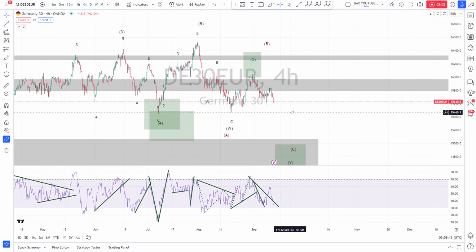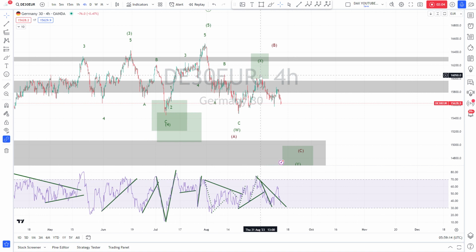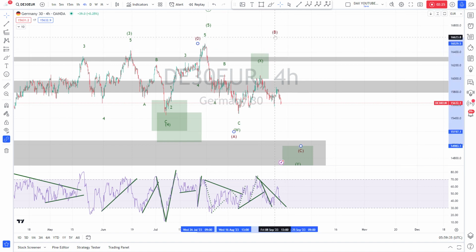There is an alternative scenario here. If we would take out this high, then I would call for a flat structure here as a correction. Then we would have 1, 2, 3 as a wave A, then a wave B that goes deeper into this area and can even get quite close to this high, maybe even beyond this high if we have an expanded flat.